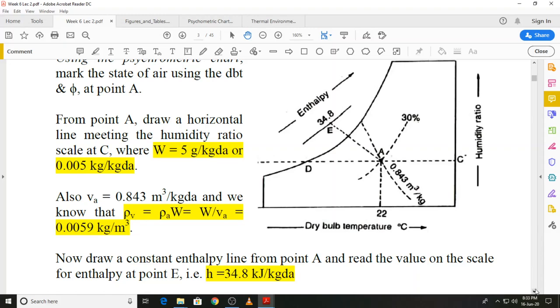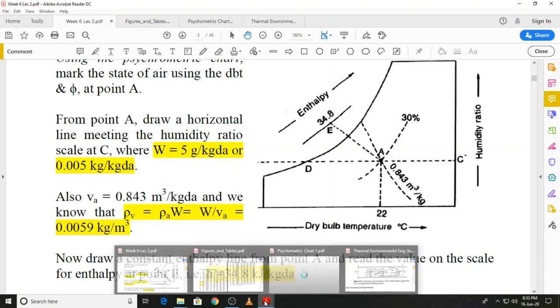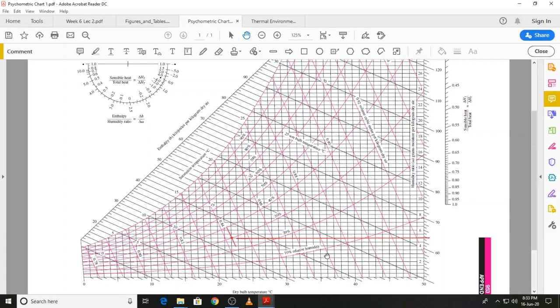The next property is the specific enthalpy, and that we can again read from the psychrometric chart. We have to draw a line of constant enthalpy that passes through the state point, and then read the value of the enthalpy from the enthalpy scale.